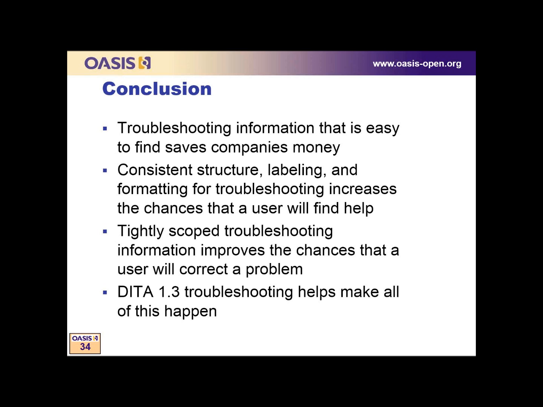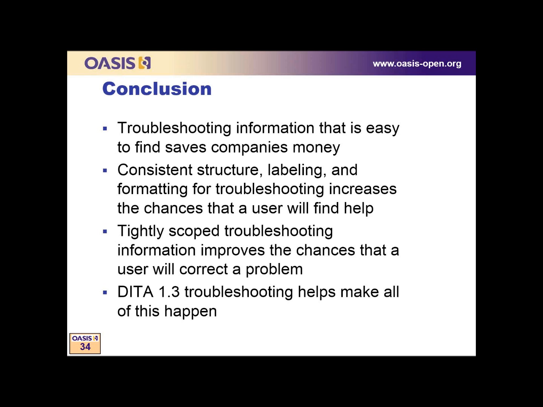So, in conclusion, troubleshooting information that is easy to find saves companies money because customers don't end up on the support line as often. And of course, it also helps mitigate customer dissatisfaction over things breaking.